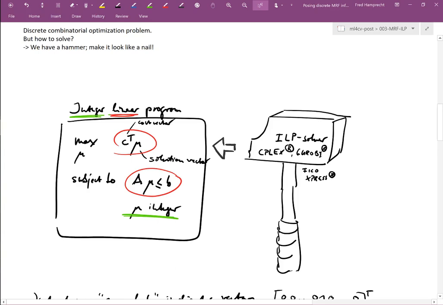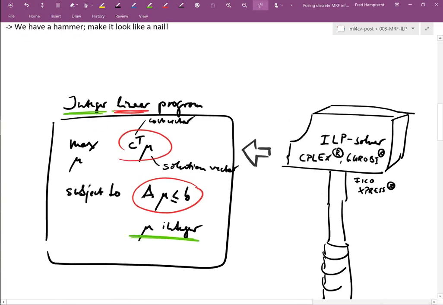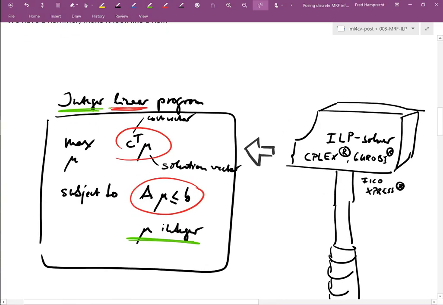And I've written here what an integer linear program looks like. We have an objective function which is linear in the variables. So we have a multivariate vector mu, we have a cost vector c, and we are trying to find that solution mu which, well, if I talk about maximization, then maybe I shouldn't call this cost, but I should call this reward vector.